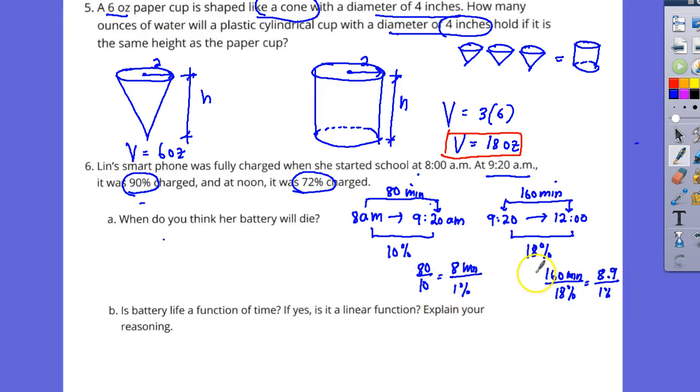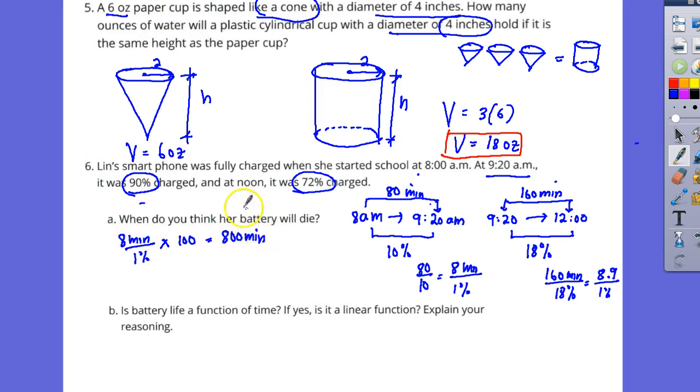So we can approximate that she's using up 8 minutes per 1%. So for 100%, we'll multiply that by 100. So she can use her phone for 8 times 100, 800 minutes.